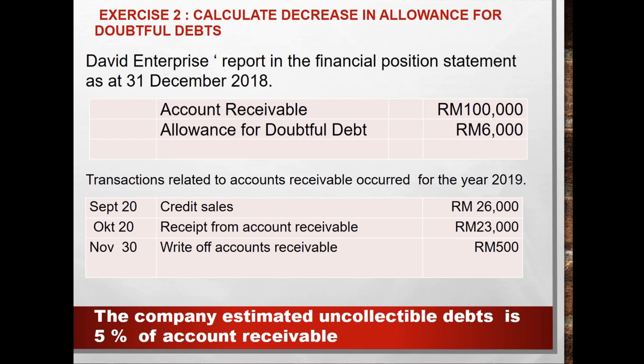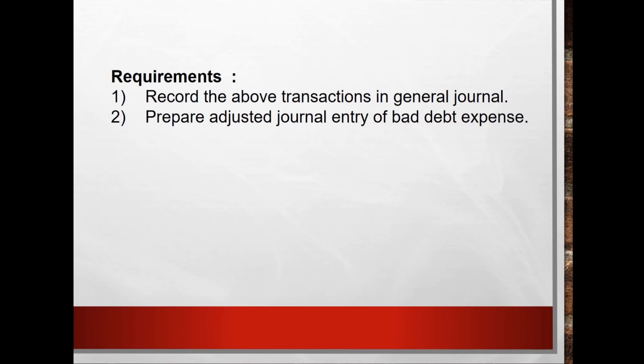Now, debit allowance for doubtful debts and credit account receivable. And the company estimates uncollectible debt at 5% of account receivable. So, first step. Now you are required to prepare the general journal, and you have to prepare the adjusted journal entry of bad debt expenses.